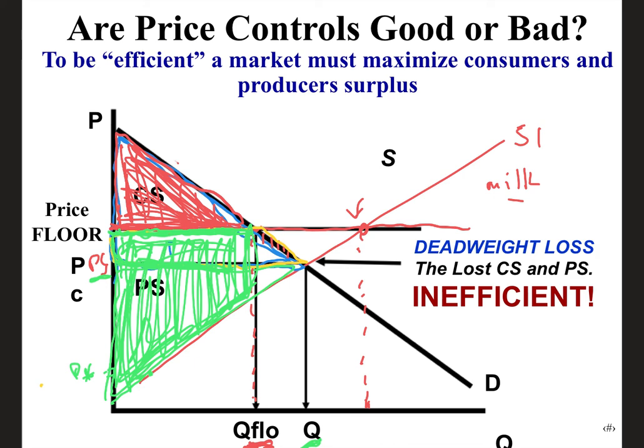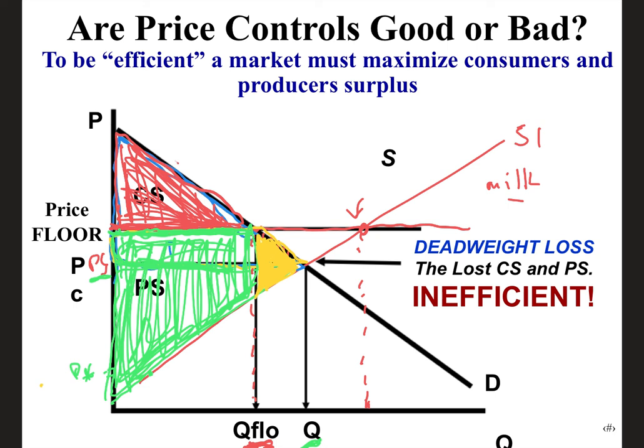One thing that is notable, however, is we have this weird section here in yellow that's lost consumer and producer surplus. Before, the top part of the yellow was consumer surplus, the bottom part producer surplus, and this can no longer be included in the green or red consumer or producer surplus.